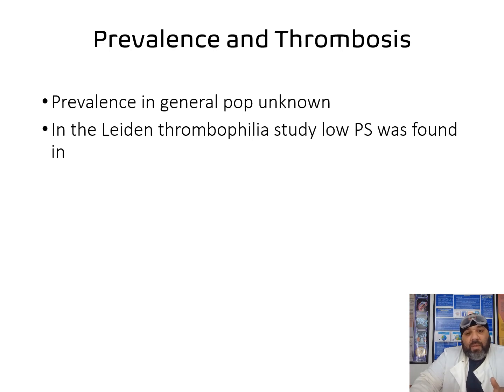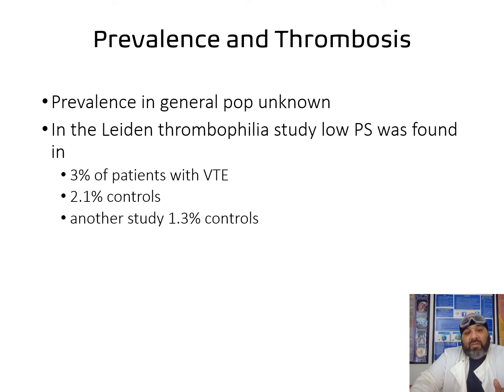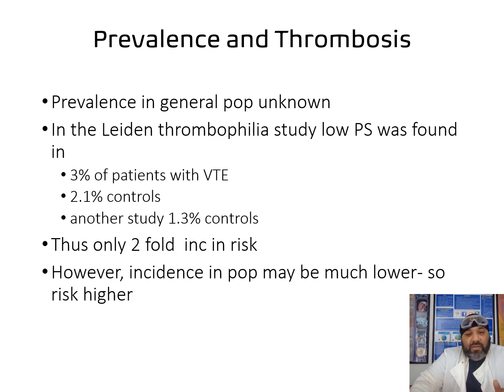In the Leiden Thrombophilia study, low protein S was found in 3% of patients with VTE, in 2.1% in the control group in this particular investigation, and in another study 1.3% in controls, and thus only a twofold increase in risk.